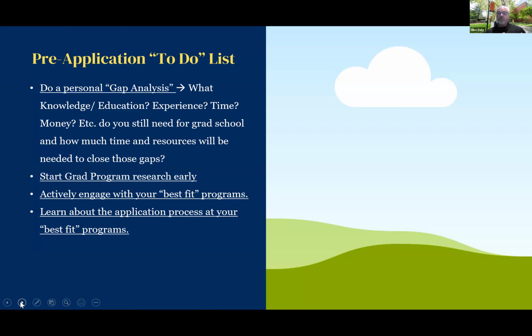So let's say, for example, you're a psychology major now, and you want to get into a nursing program. What are some of the prerequisite courses that you need to fulfill the basic admission requirements for being fully considered for that program? That's one question.